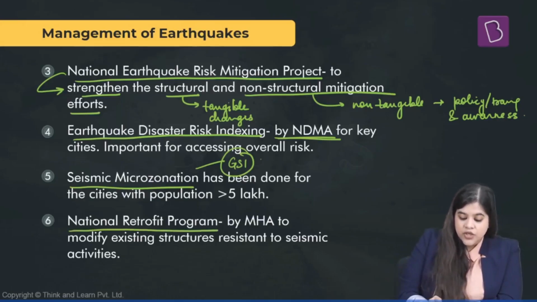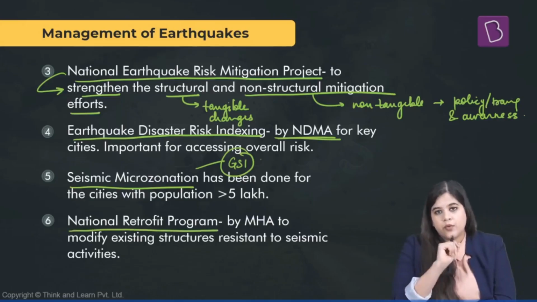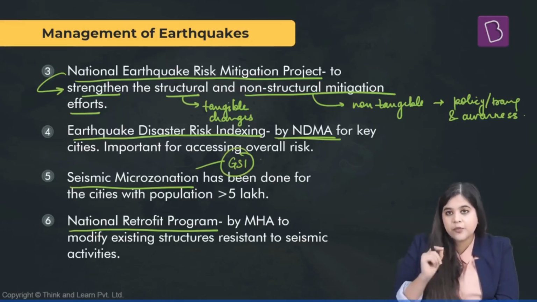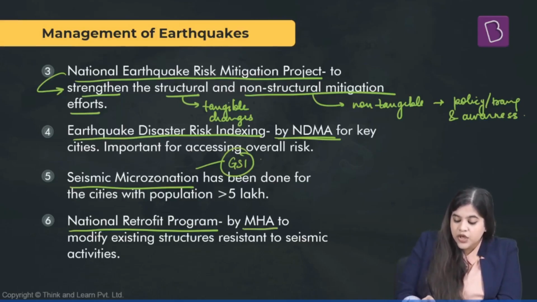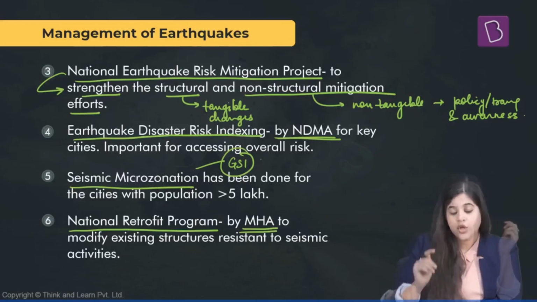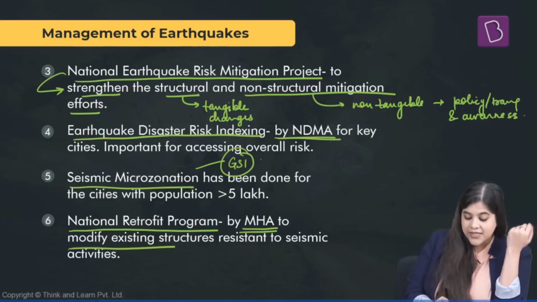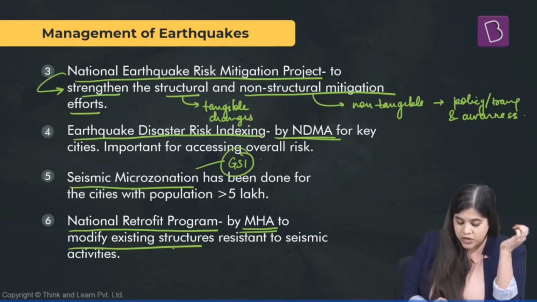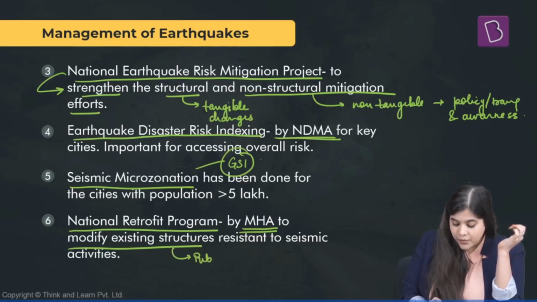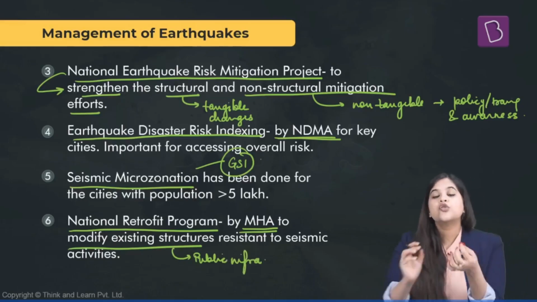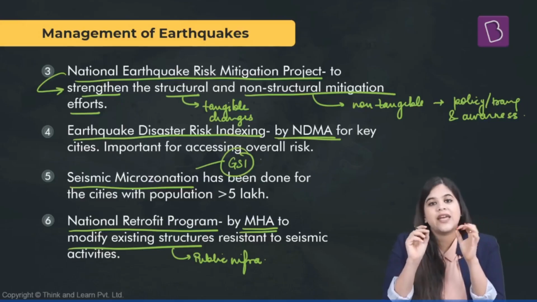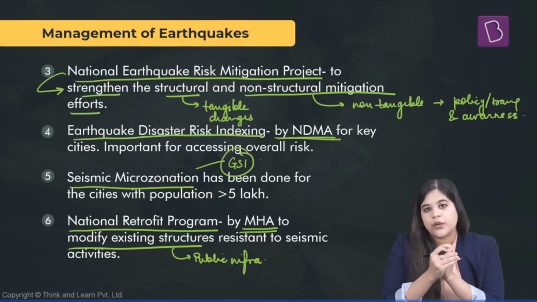There is also a national retrofit program by the Ministry of Home Affairs to modify the existing structures, mostly the public infrastructure buildings, to make them resistant to any kind of seismic activities.